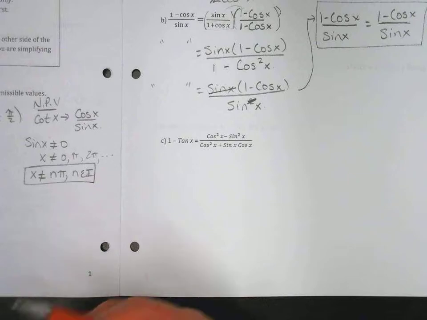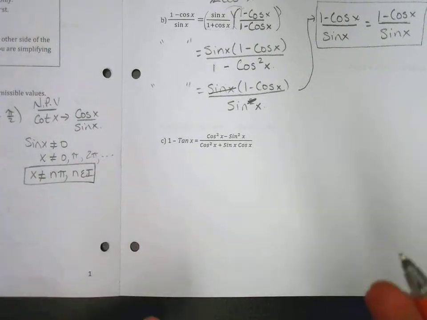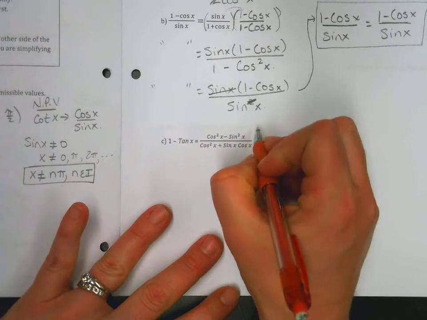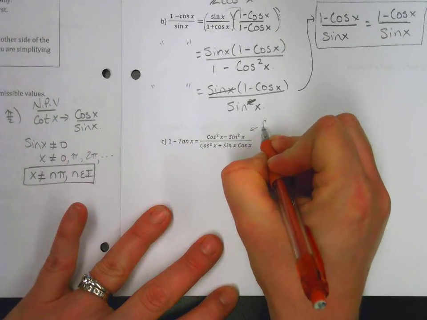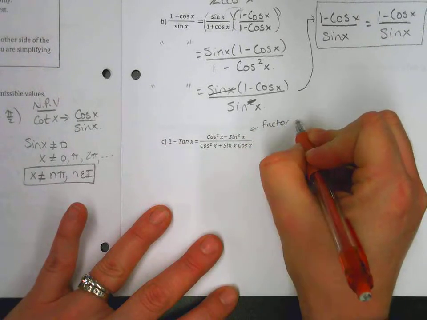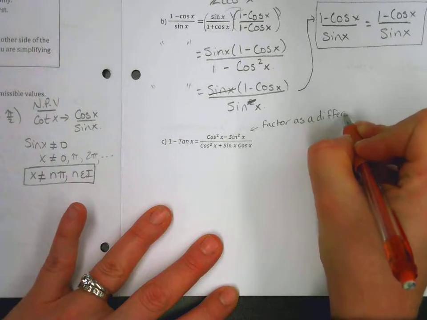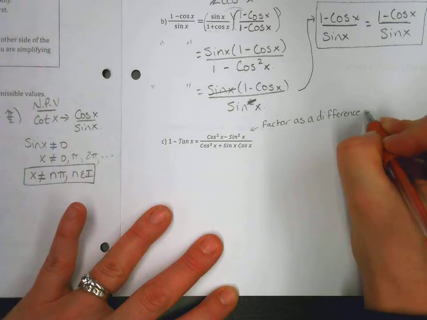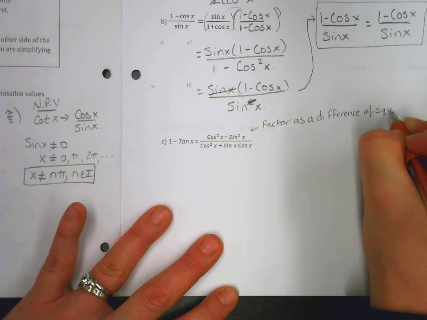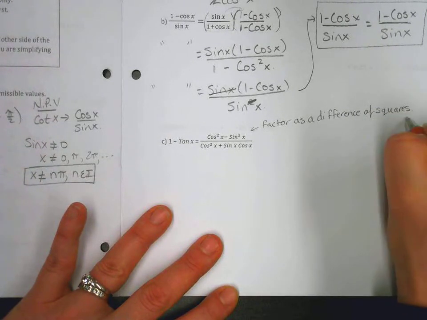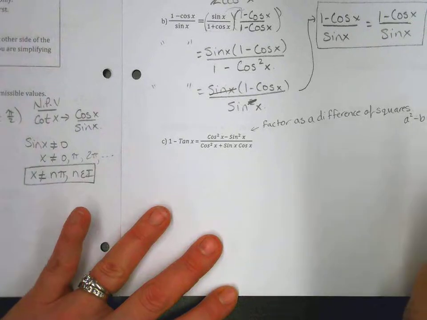So the next possible tip to proving identities is to look to factor. So I'm going to factor this as a difference of squares. This is like saying we have an a squared minus b squared here.